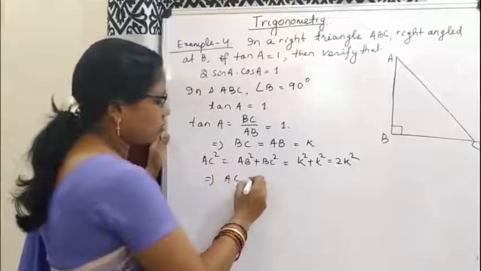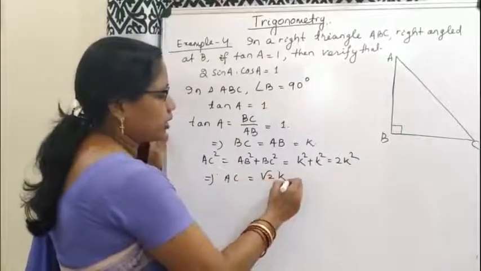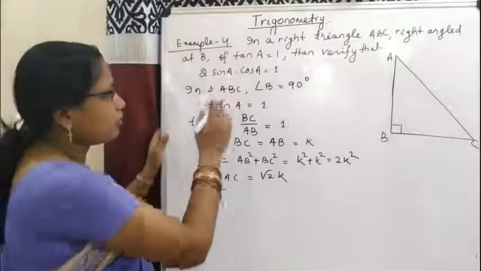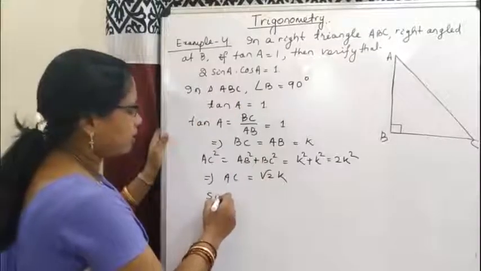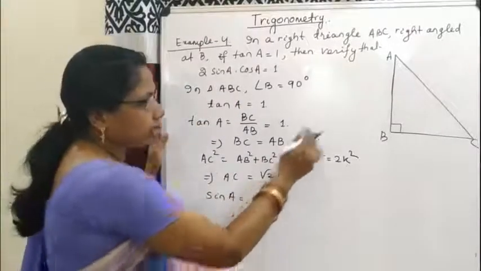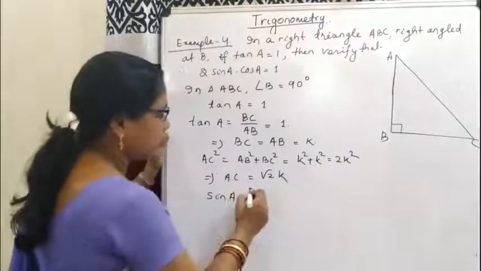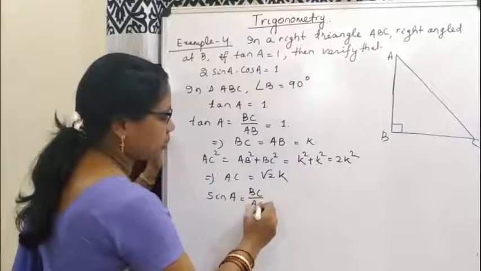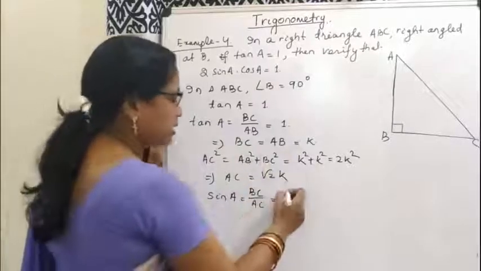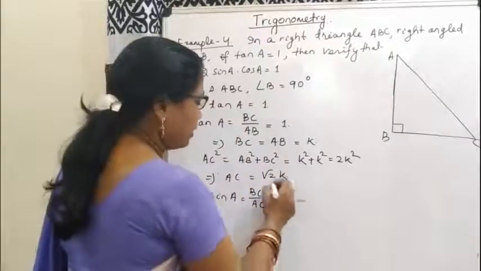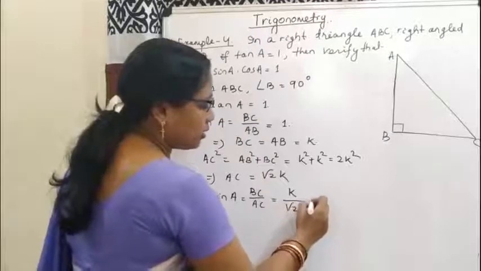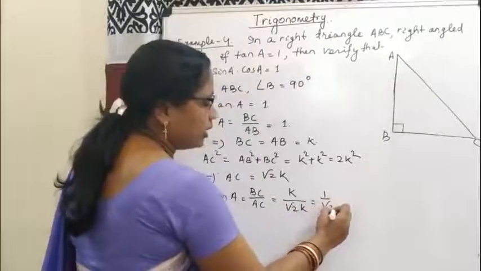AC is equal to root 2 K. So now we will find sin A. What is sin A? Sin A is opposite side by hypotenuse, BC by AC. What is BC? K by AC, which is root 2 K. So this is equal to 1 by root 2.